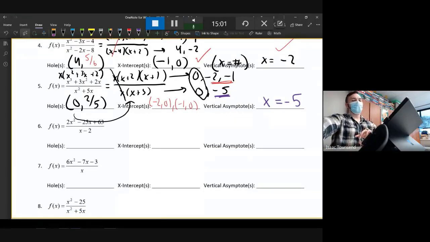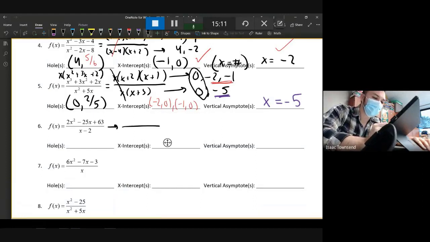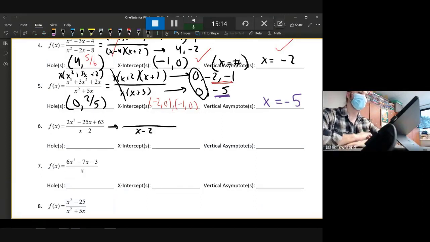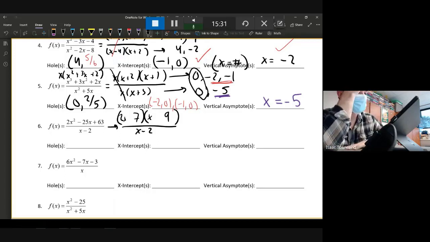Okay, so number 6, I'm going to factor for you. And then I want you to put some thought into what you think these 3 answers should be. All right, well, the denominator's factored. There's a lot of factoring involved, but not everything has to be factored. The numerator, nine and 7 would be 63 minus 18 minus 7 would be minus 25.